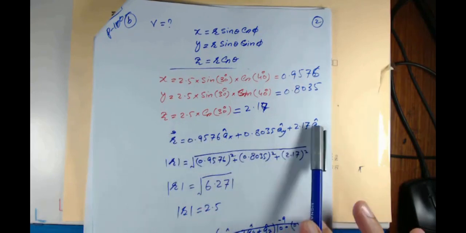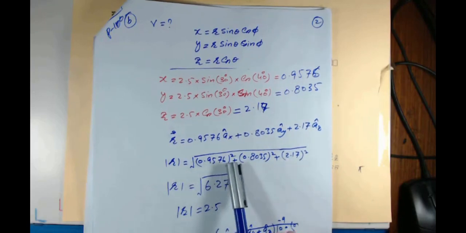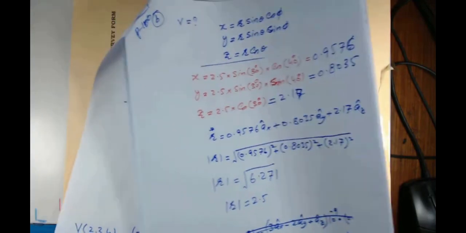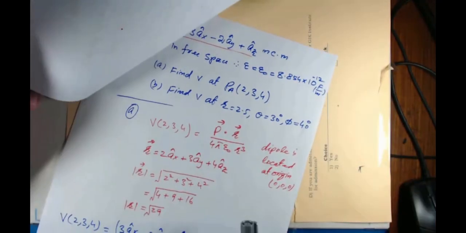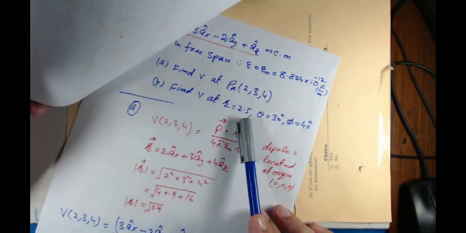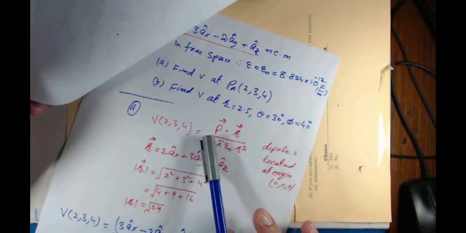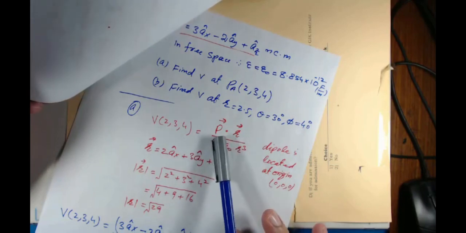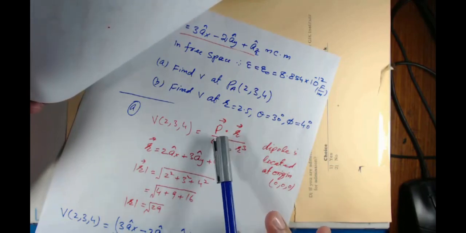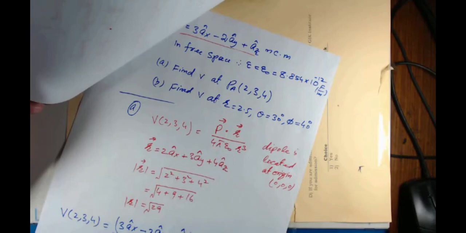Then we define the magnitude of the r vector using this relation, which is equal to 2.5. Plug in all this information in the foregoing relation. In this one, the potential at r equal to 2.5, theta equal to 30 degree, and phi equal to 40 degree, is equal to P, which represents the dipole moment of an electric dipole located at the origin, dot r divided by 4 pi epsilon naught r cube.